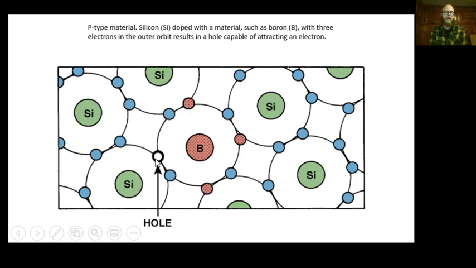Boron only had 3 to bring to the party, where everybody else was bringing 4. So one atom every once in a while is going to have 1 less electron than it could in its most stable state, and nature's looking for that stability and balance.